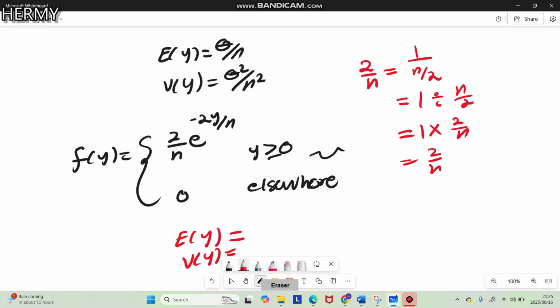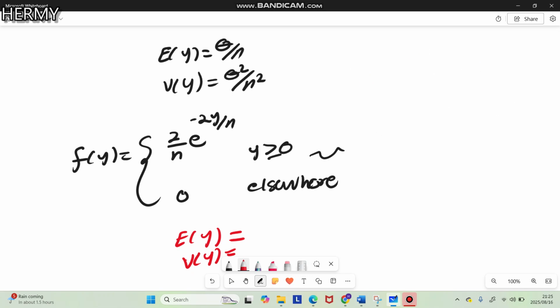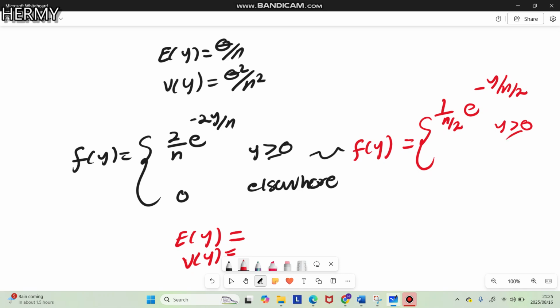You see, they're equal. So it means this distribution, you can turn it to 1 over n over 2, e to the power negative y over n over 2, then y greater than 0, then 0 elsewhere.